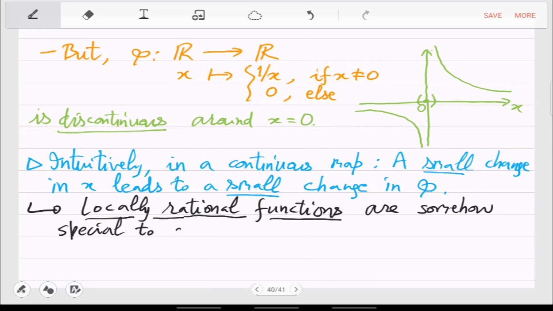They are somehow special to achieve this property. So we'll not worry about the picture, we'll just then lift this bottom line that our maps should be rational functions, if not globally, at least on some neighborhood. So we are led to the following definition.